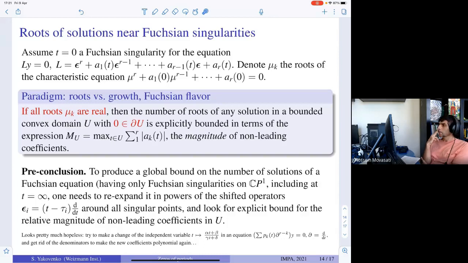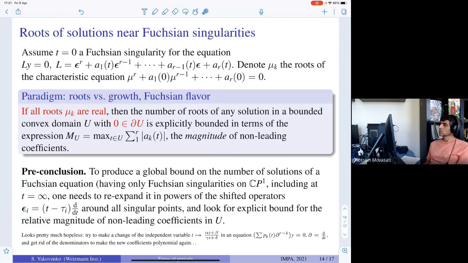Here is a result which is similar to what I mentioned 5 minutes ago when I talked about perturbation of equations with constant coefficients. Any Fuchsian equation can be considered as a perturbation of its Euler part, which you get when you put t equal to 0 in the corresponding expansion.